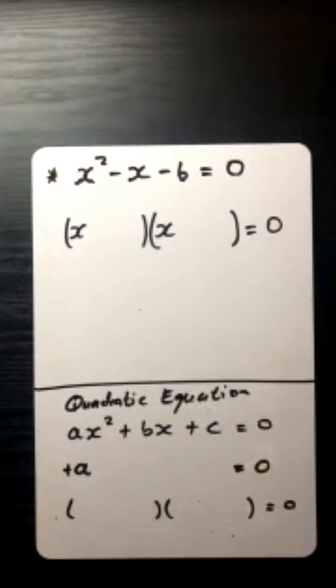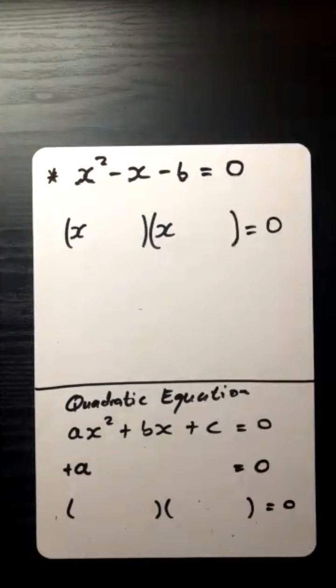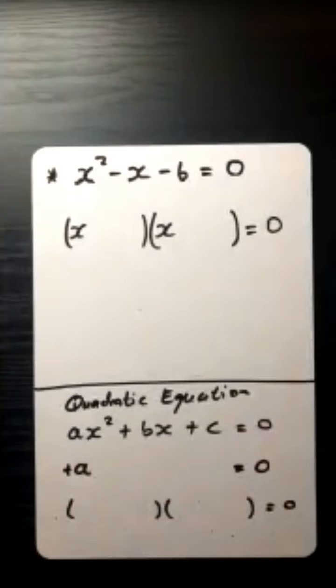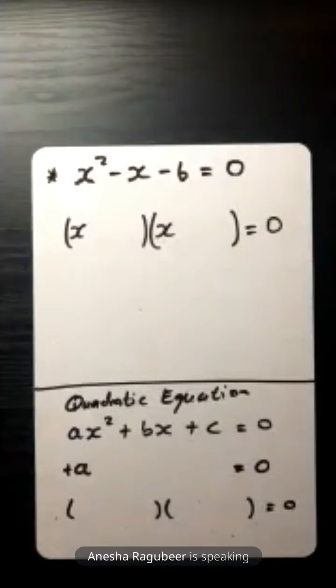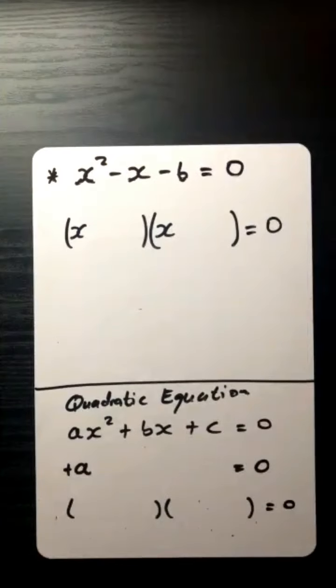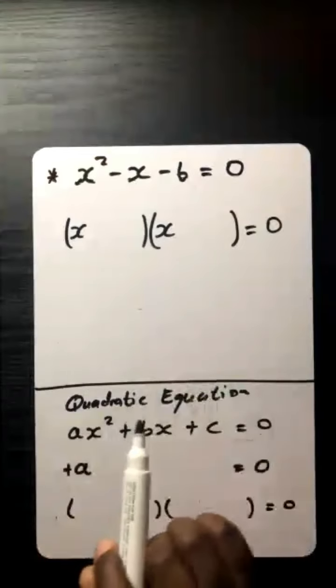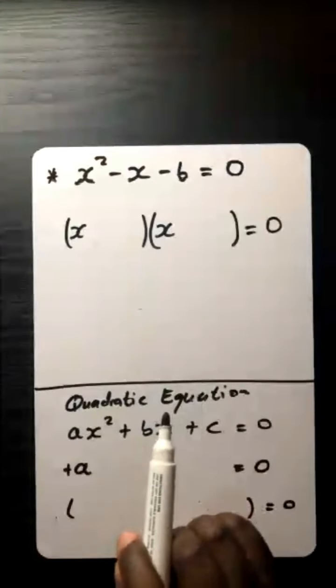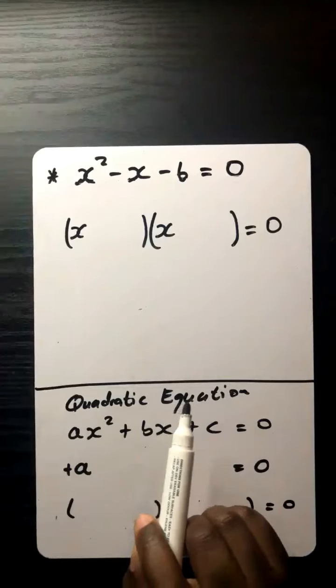Yes, sir. So your next focus, remember, Shreyas, what is your middle term? -x. Negative x. But in terms of numbers, what is your middle term? -1. Yes, I should have said, what is your b value?